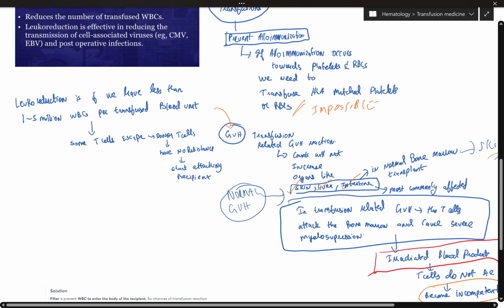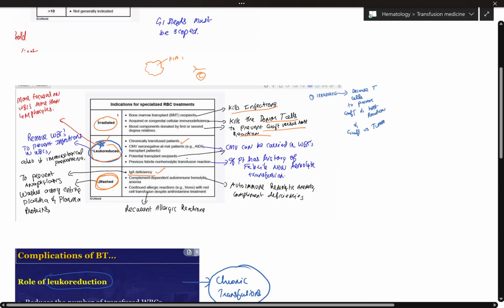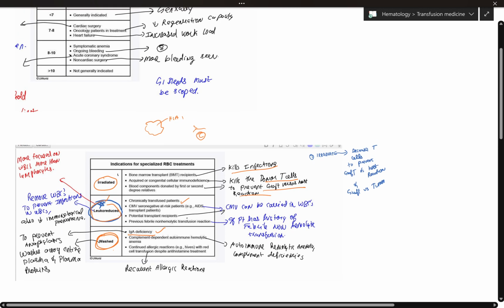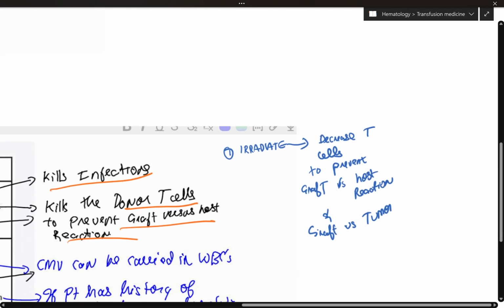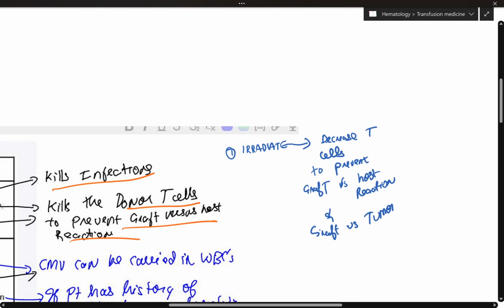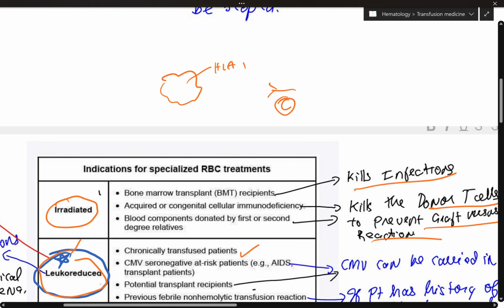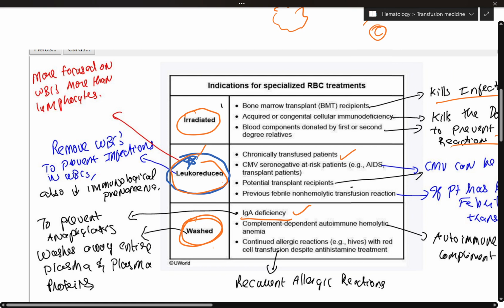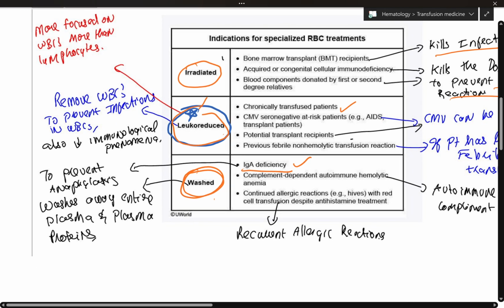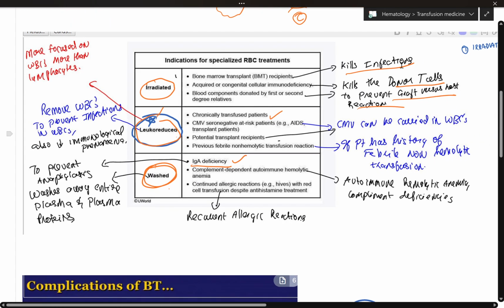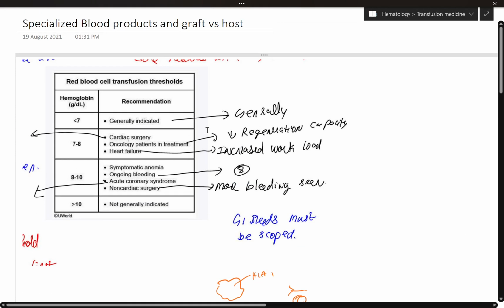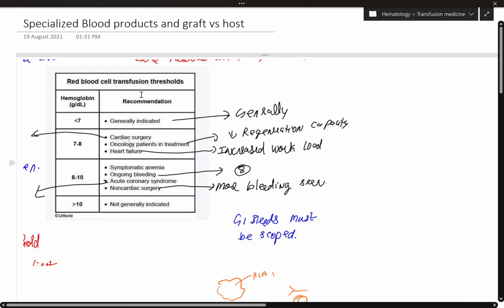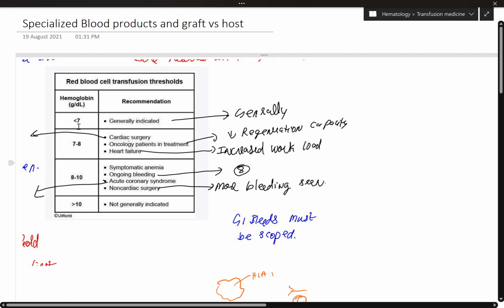So that is about specialized blood products. We irradiate to decrease T cells to prevent graft versus host reaction and graft versus tumor reaction, and leukoreduction is done to prevent CMV in chronically transfused patients and potential transplant recipients, and to prevent alloimmunization. Hemoglobin less than 7 is usually the basic indication for transfusion.